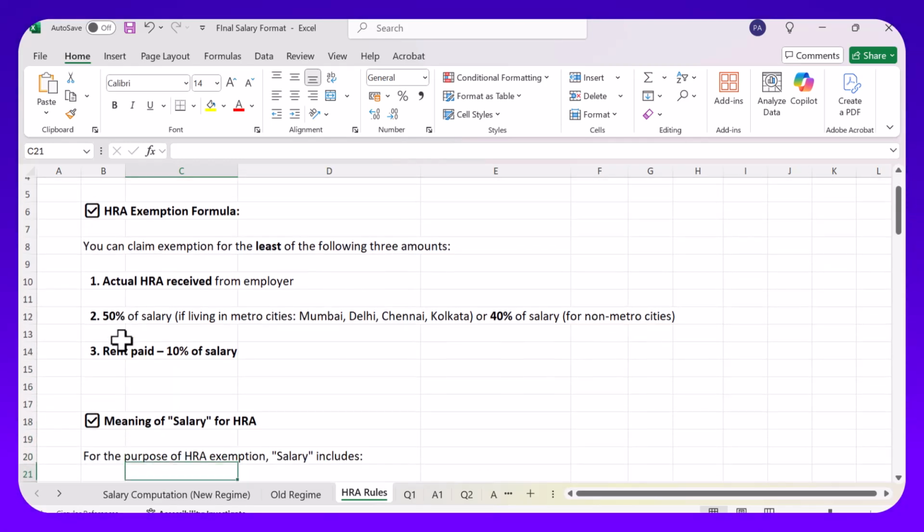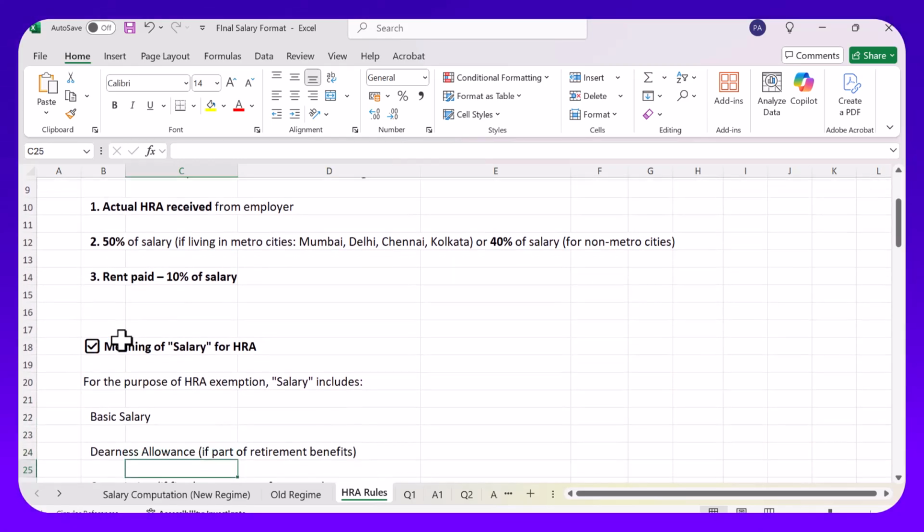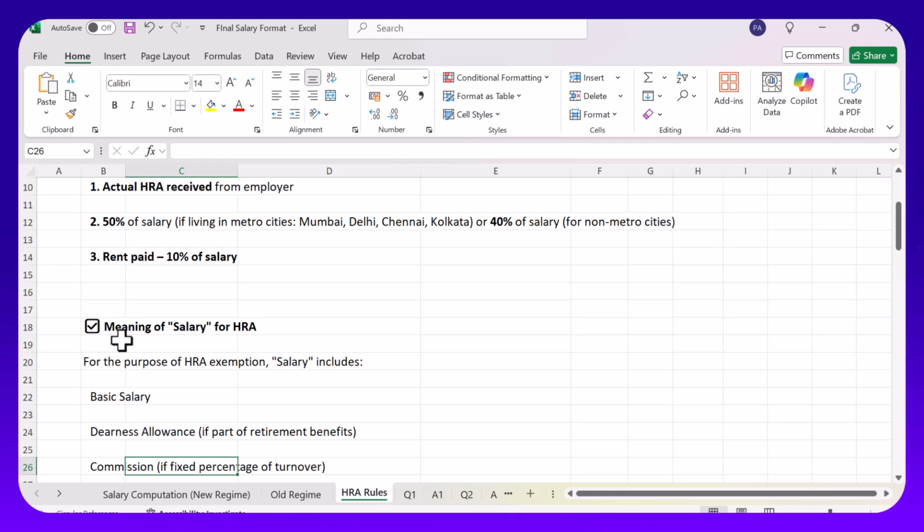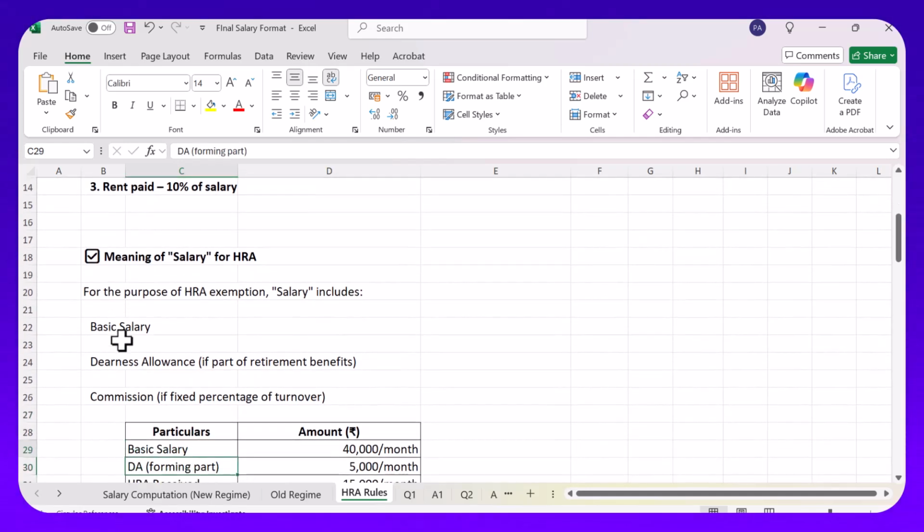Now here, what is the meaning of salary? Meaning of salary for calculating 50% or 10%. Read this.